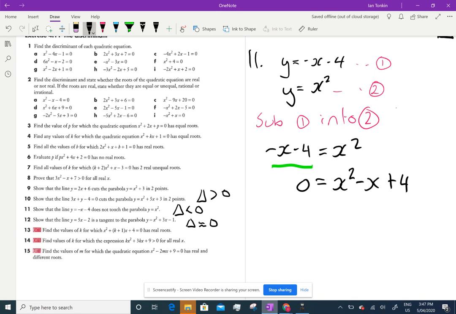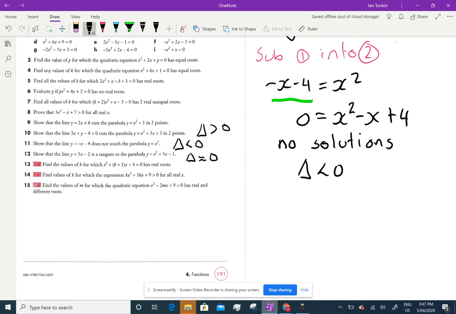Now, to show that it doesn't cut it, so for no solutions, the discriminant must be a negative number.